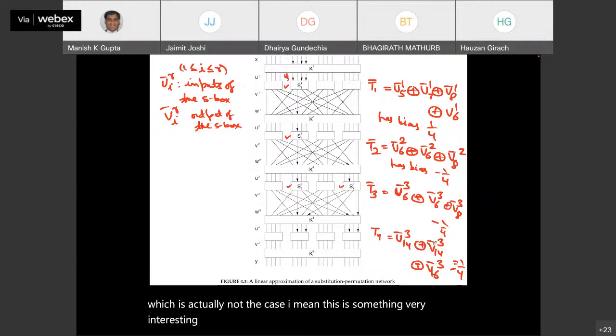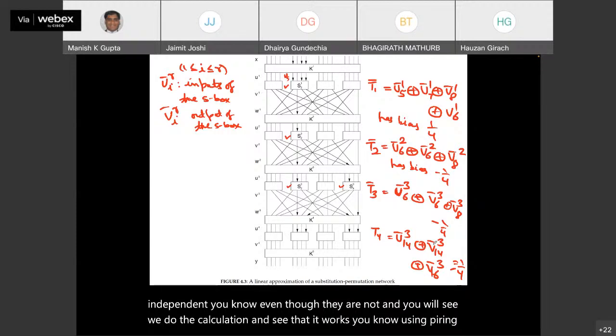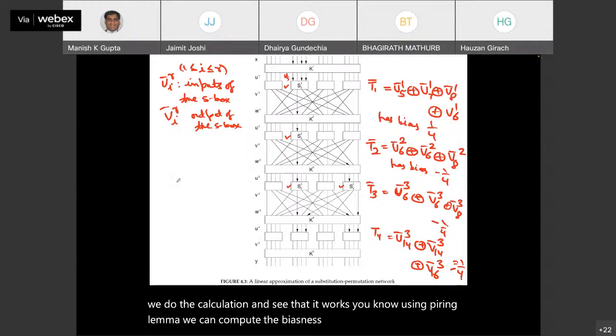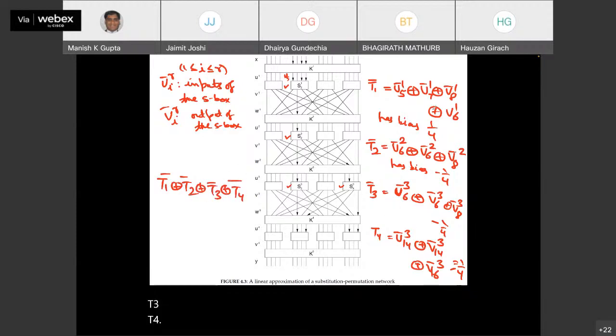We assume they are independent even though they are not, and we do the calculation and see that it works. Using the Piling-up Lemma, we can compute the bias of the sum of T1, T2, T3, T4.